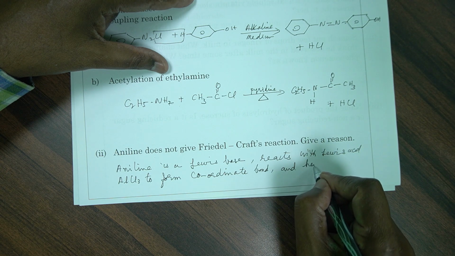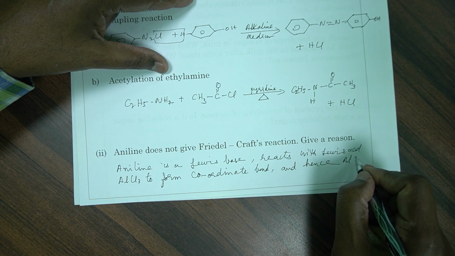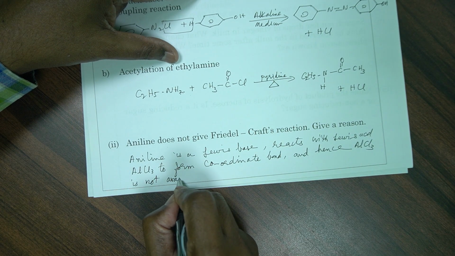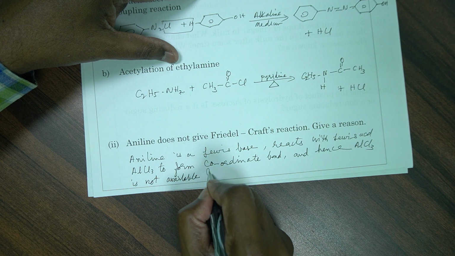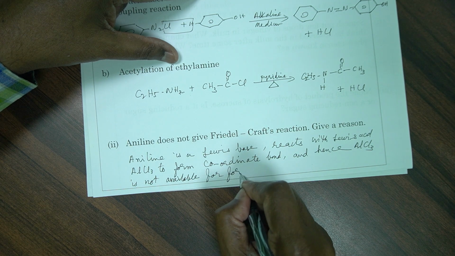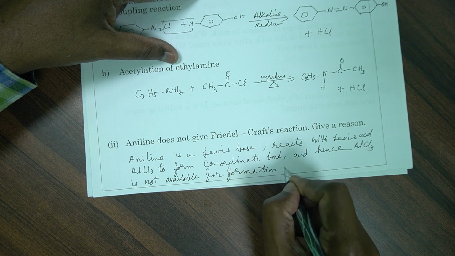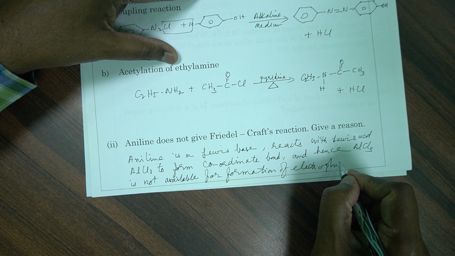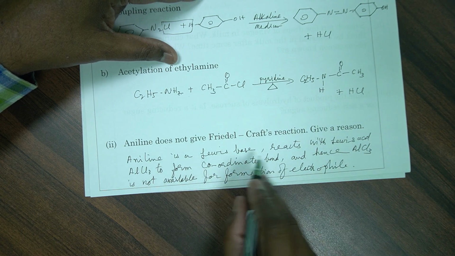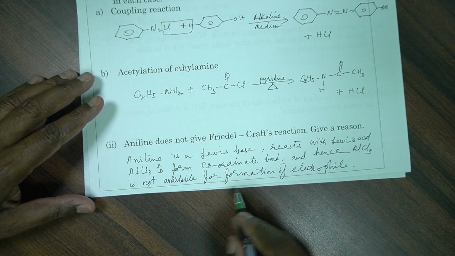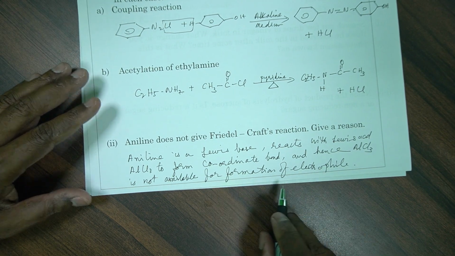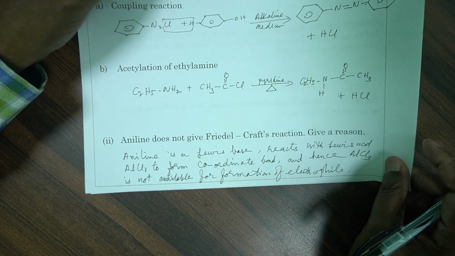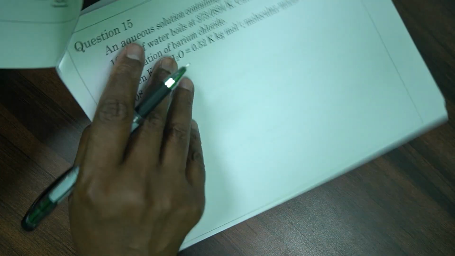And hence what happens is AlCl3 is not available for formation of the electrophile. Okay, so this is the reaction, because the reaction between Lewis acid and base giving the salt, and coordinate bond is formed. Therefore, electrophile cannot be formed from AlCl3. So the Friedel-Crafts reaction does not take place.